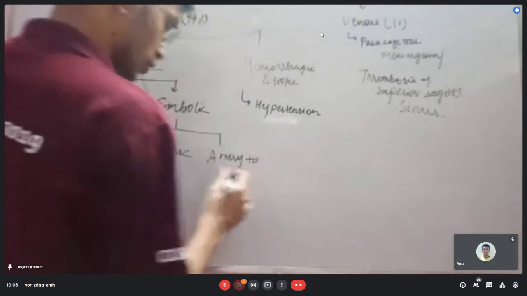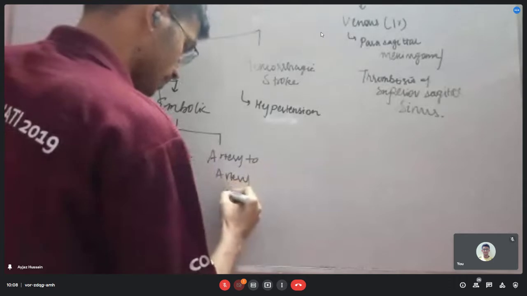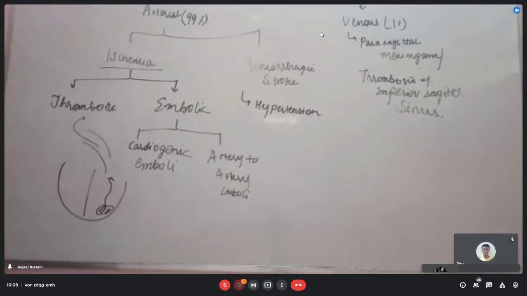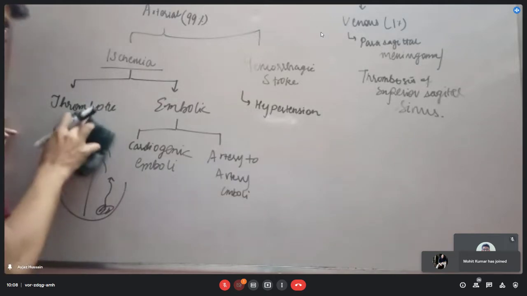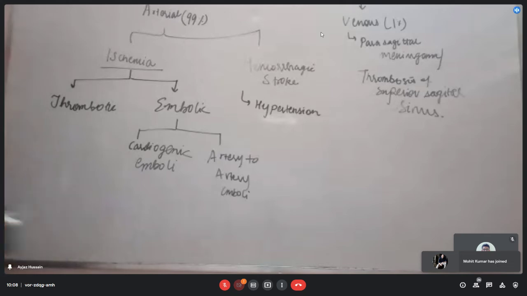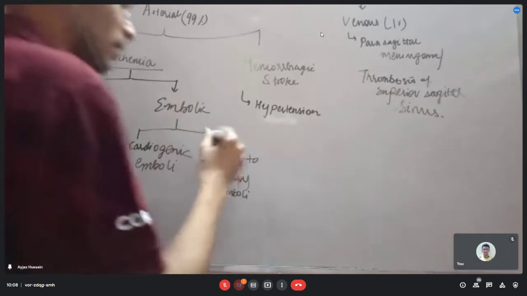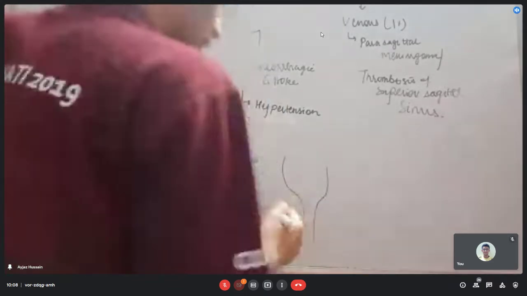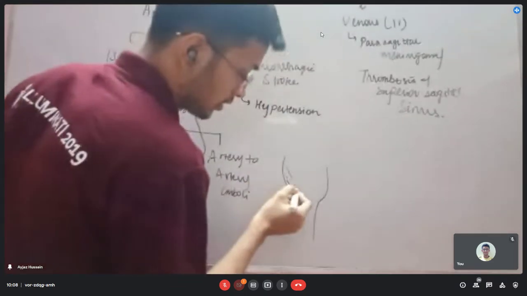अगर एक एम्बोलाई होना है तो उसके लिए आपको पहले से एक थ्रोम्बस का फॉर्मेशन होना जरूरी है। तो what happens in case of atherosclerosis, बॉडी के जो मेजर वेसल्स हैं they will start getting damaged and they will lead to formation of an atheroma. So what happens? Most common is just the carotid artery. So carotid artery, you'll have atheromatous plaque formation.